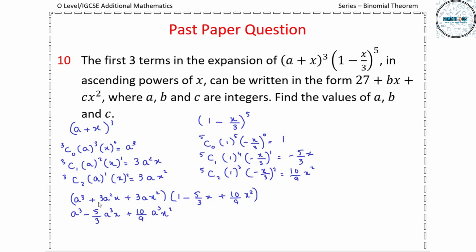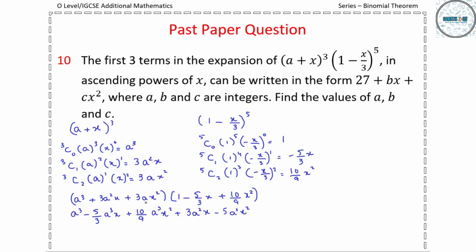Then we will multiply 3a square x by 1, so we will get 3a square x. We will multiply 3a square x by -5/3 x. 3 and 3 will be cancelled out and we will get -5a square x square. If we multiply this term by this, we will get x cube, so we will not multiply this.